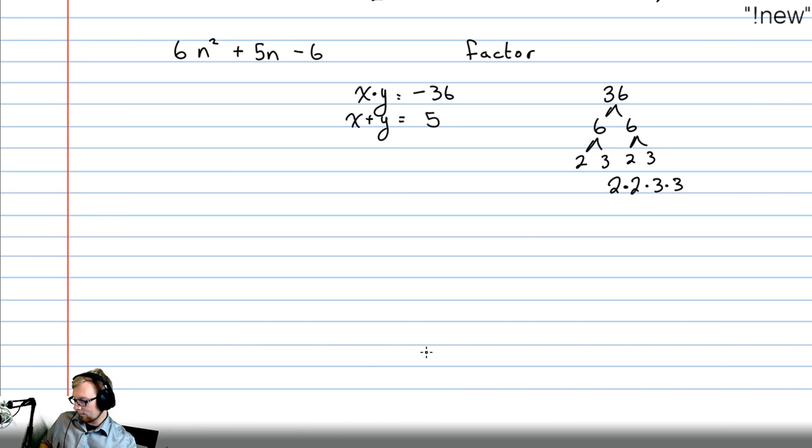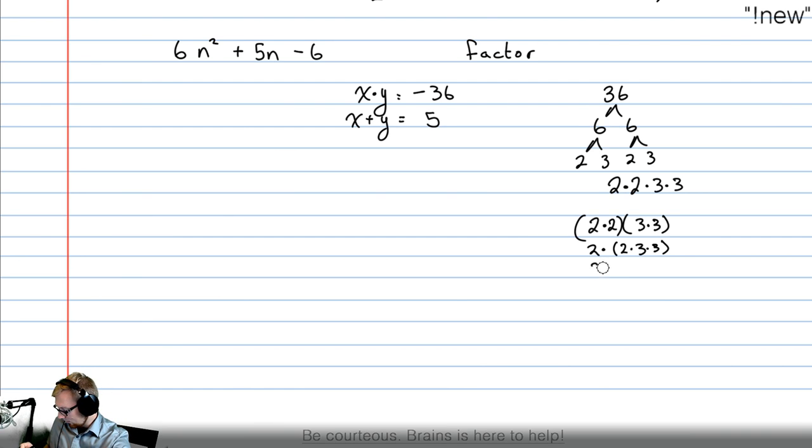So your first equation will be 2 times 3 times 3. Second one would be 2 times 3 times 3. Got 2 on the outside times 3 times 3.